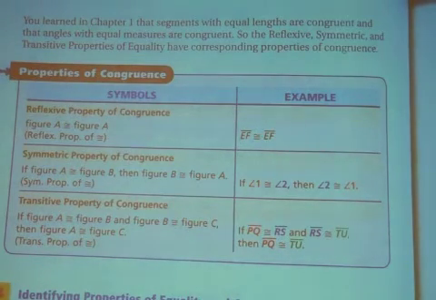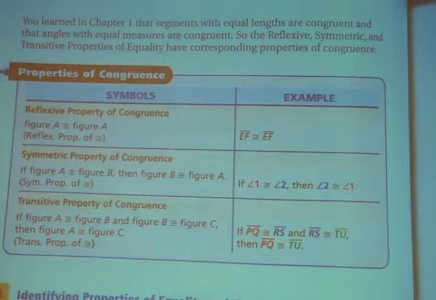So the example they give you is that one segment is congruent to another segment. Or we could have one triangle congruent to another triangle. Or we could have some sort of hexagon congruent to another hexagon. But these are shapes, okay?